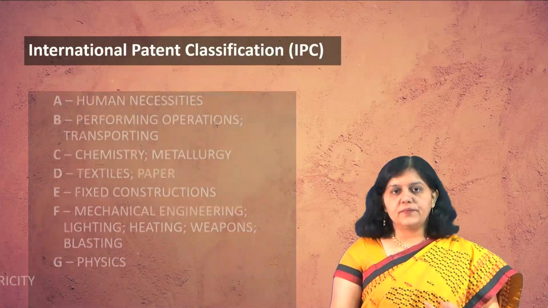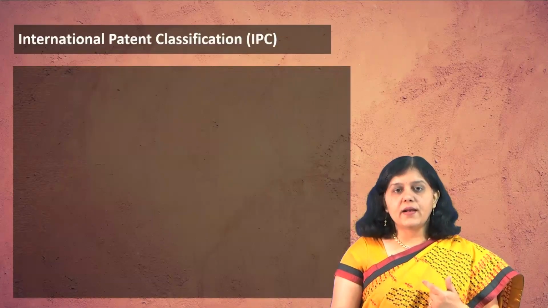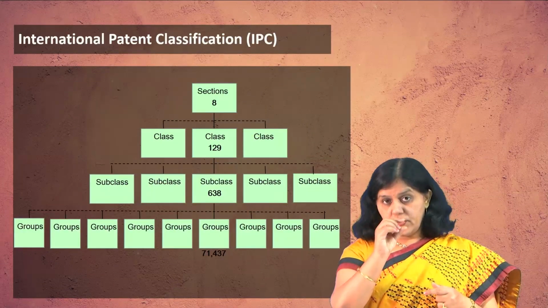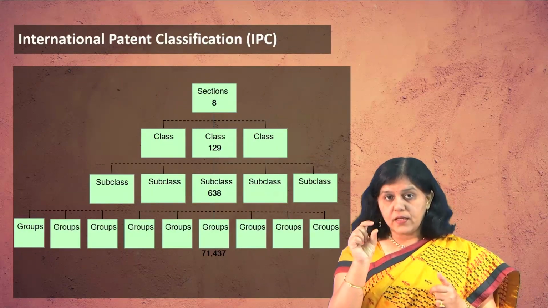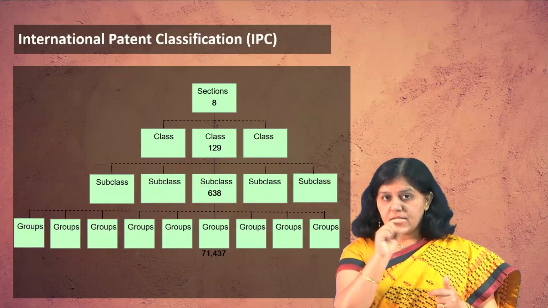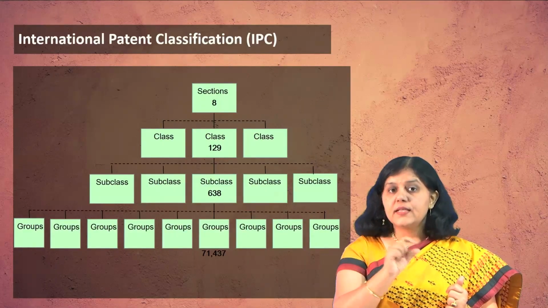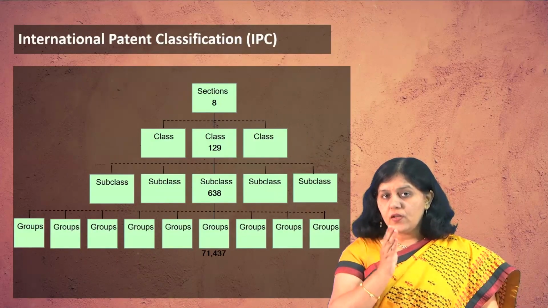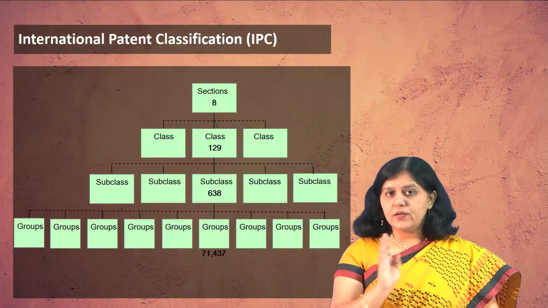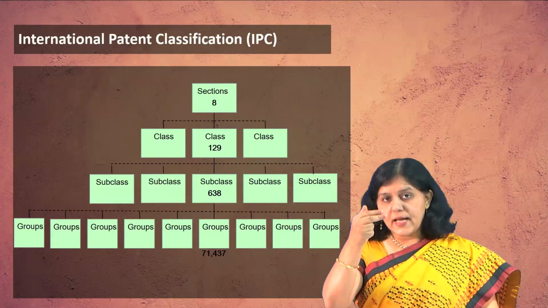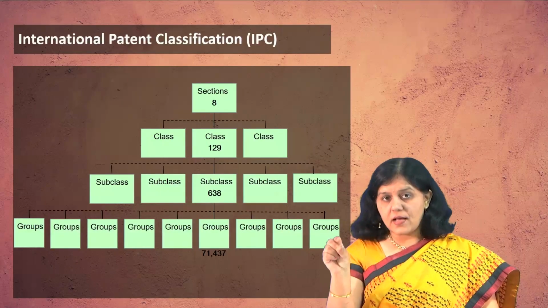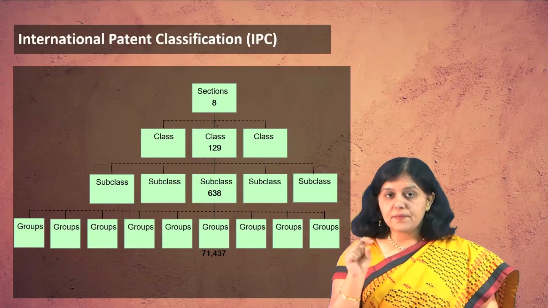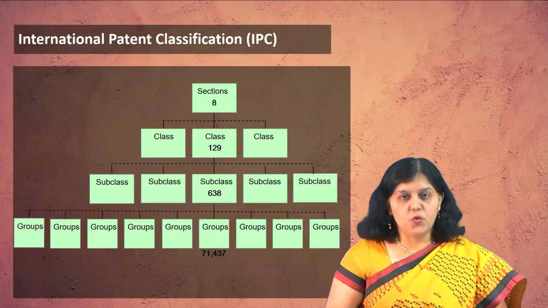Now, further, if you see the hierarchy, if you look at the number, it is always the section, then the class is given, then the subclass, and then the group. As said, there is no symbol related to the subsection, and therefore directly after the section you will see the class code, then the subclass, and then the group, okay.